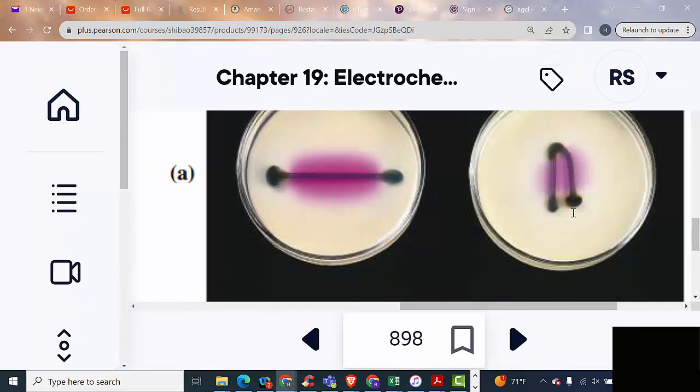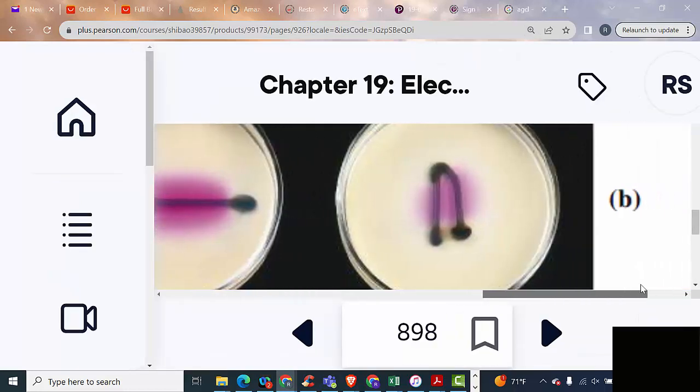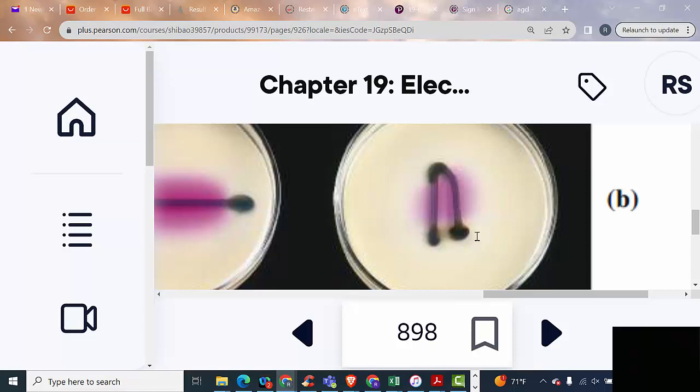Okay, let's look at this next Petri dish. Do you see what happened here? They took a nail and then bent it and then hammered the ends. How many anodes do you see and how many cathodes do you see here? Yeah, 3 anodes, 2 cathodes.